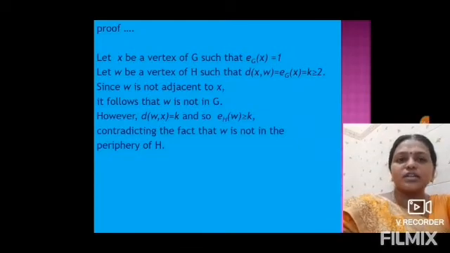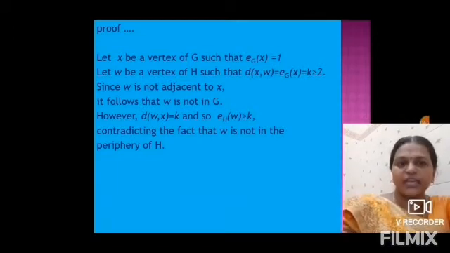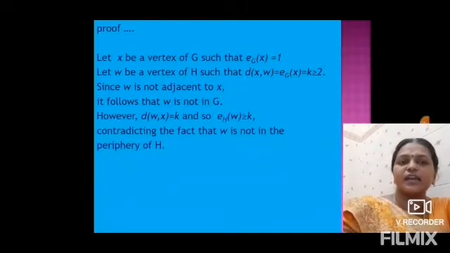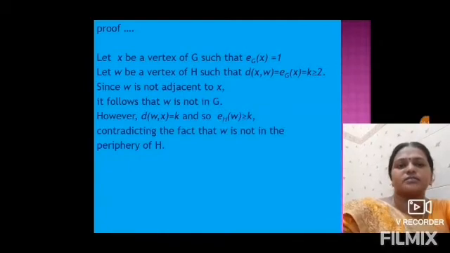Since W is not adjacent to X, it follows that W is not in G. However, the distance between W and X is equal to k, and so the eccentricity of W in H is greater than or equal to k, contradicting the fact that W is not in the periphery of H.